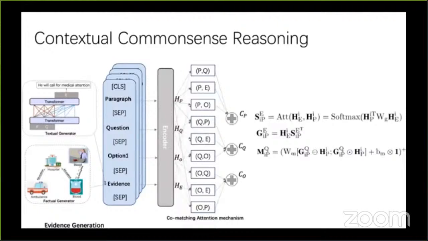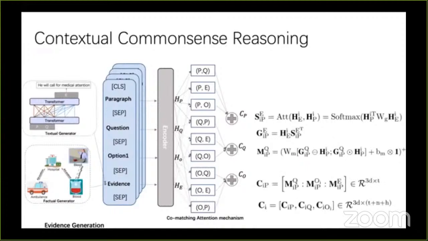To incorporate the relation information, we use the co-matching algorithm to generate the relation representation between paragraph and other options. Then we concatenate all the pairs regarding the paragraph, which is the final representation of the paragraph. Accordingly, we obtain the question and option representations respectively.